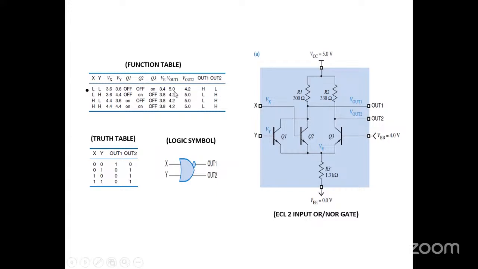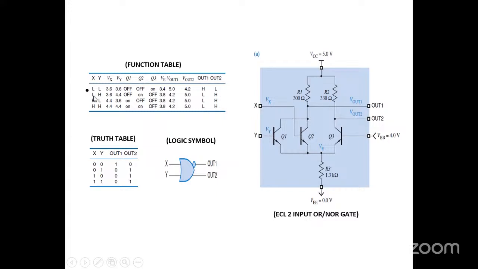So from V out one you get 5 volts, and from V out two it will be around 4.2 volts that we get. So out one is getting high, and out two is opposite, that you'll get as zero. So the symbol will have a bubble here, negation of the two, so one is opposite to two.